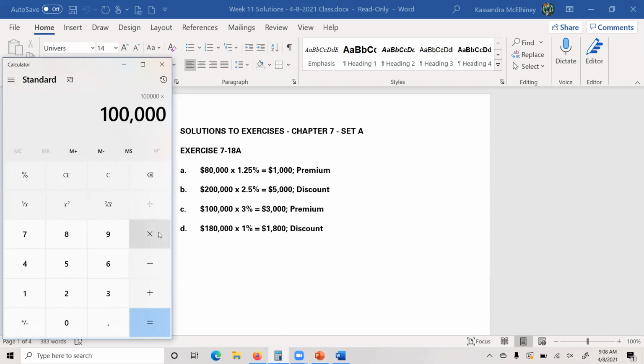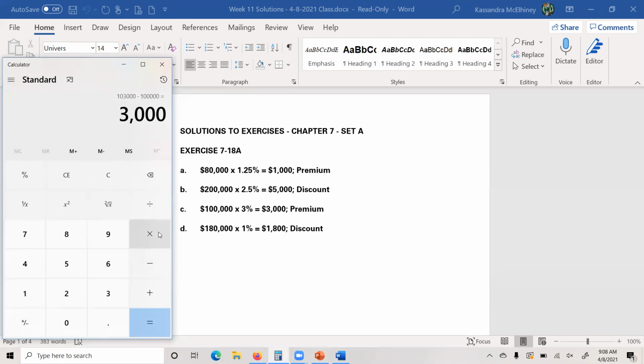So $100,000 face value times 1.03 would give you 103% or $103,000. Subtract from that the face value of the bonds at $100,000. We're left with a $3,000 premium in this case. So that is our solution to part C.